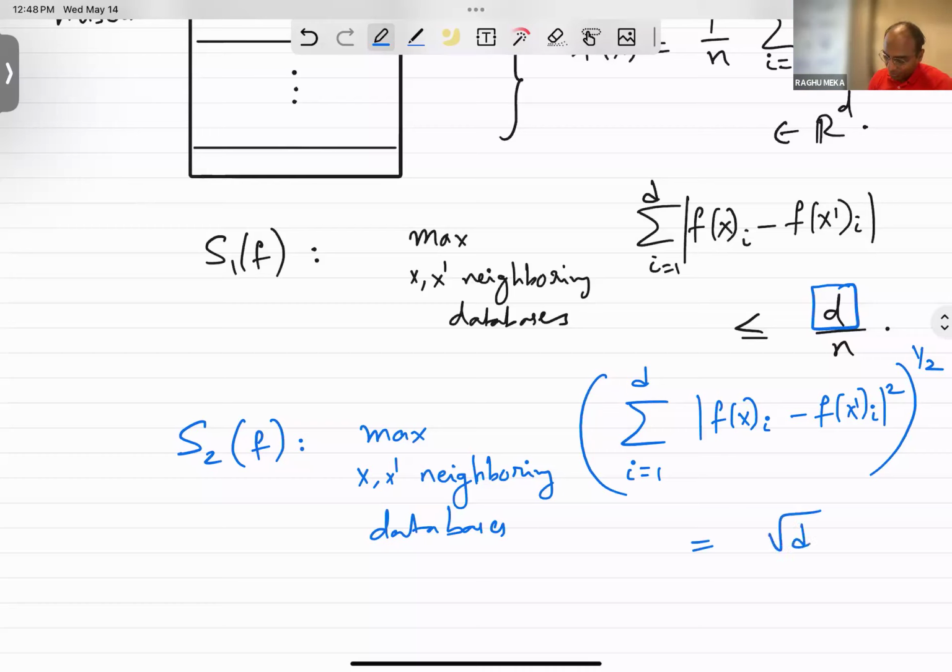This turns out to be square root d over m. Again, you can check this by simple calculation.